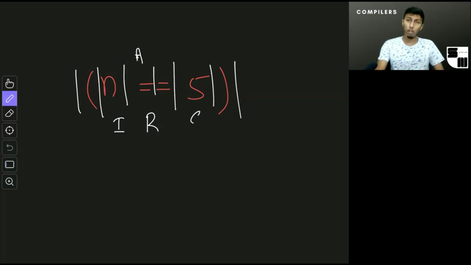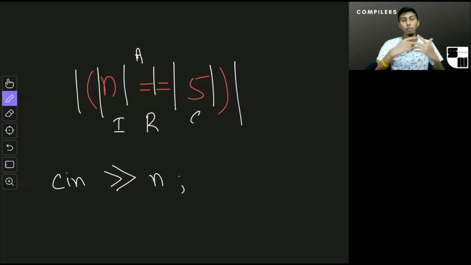Another example of a similar problem like this is the operator that we use in C++, which is this thing right here, which is the stream operator. So you could have something like cin and then an n here. So this could be a valid line in C++.